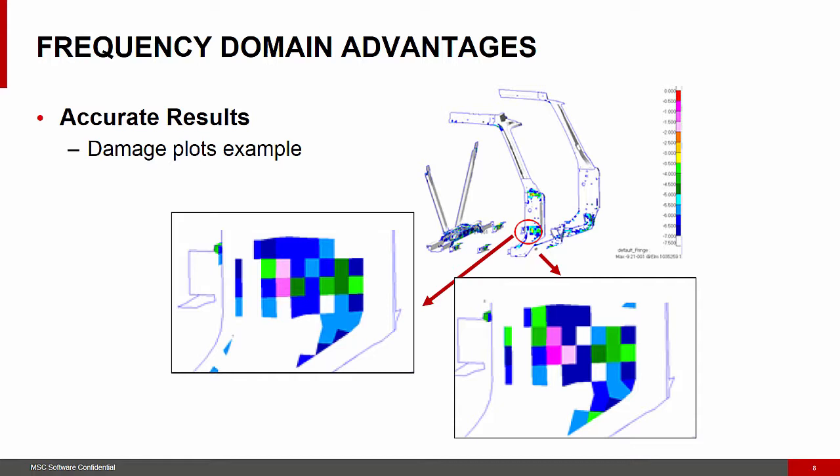In conclusion, we can say that the frequency domain is now a practical option for multi-input durability calculations and offers the possibility of significant reductions when it comes to analysis time and data storage requirements.